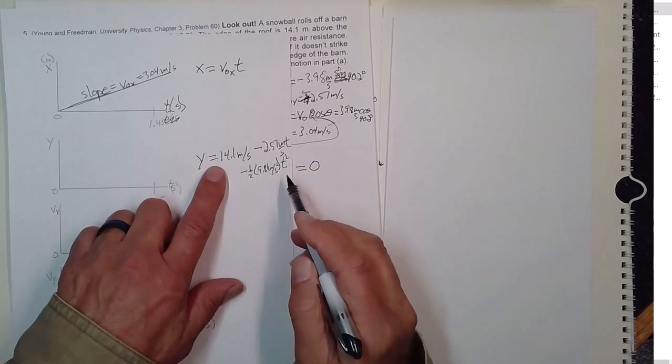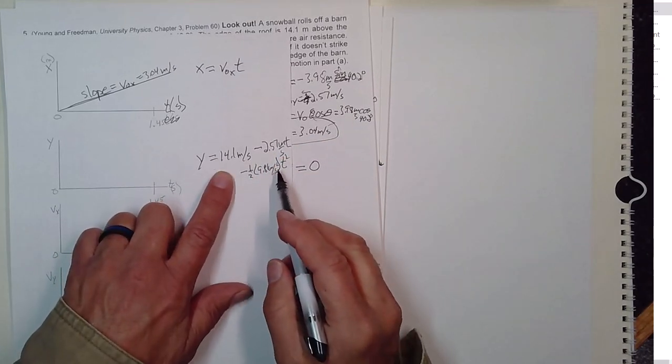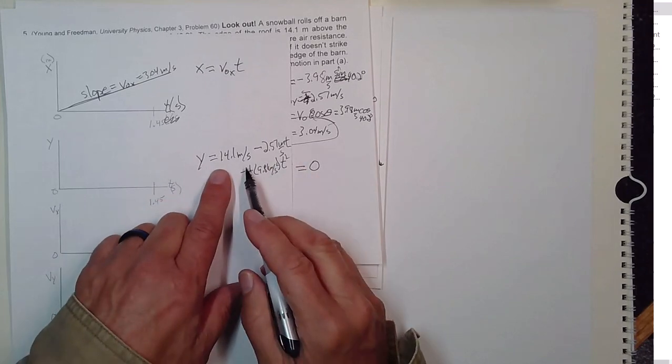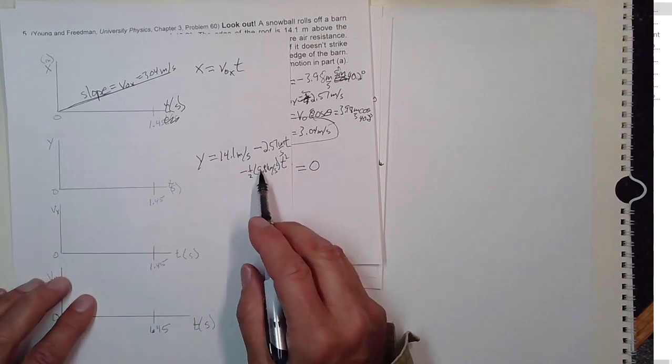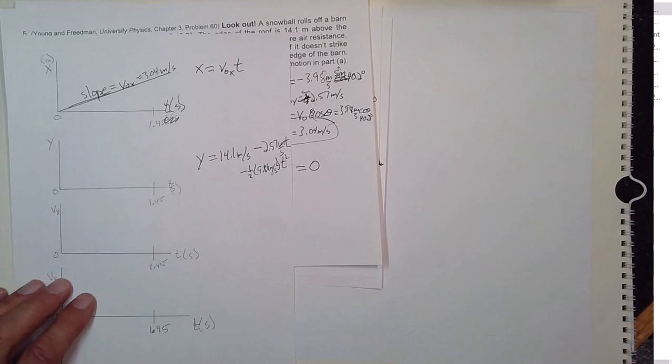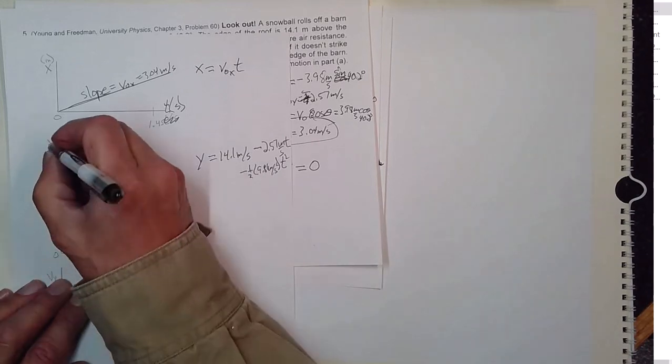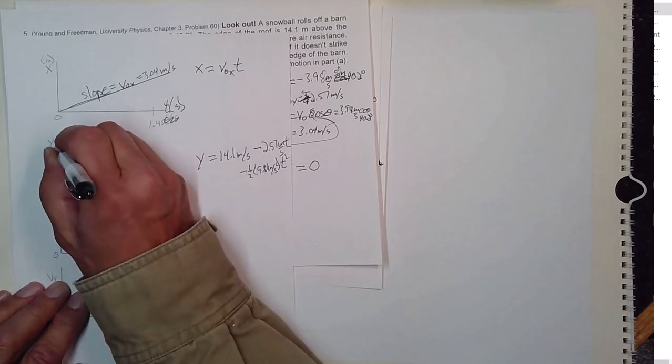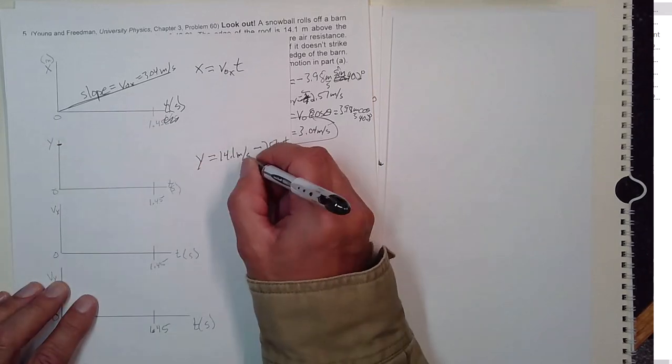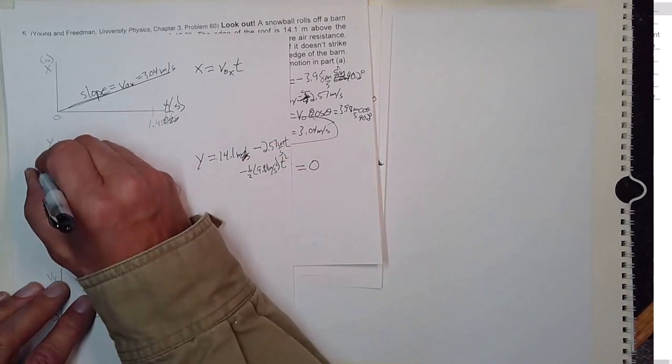This is the graph of a parabola. When t is 0, it's got a particular value up here, 14.1 meters, that's just meters for the position.